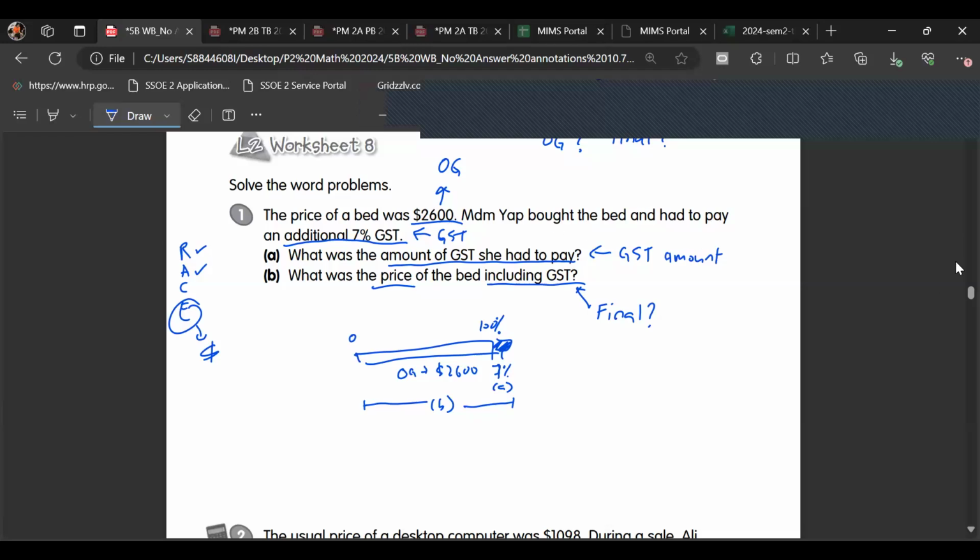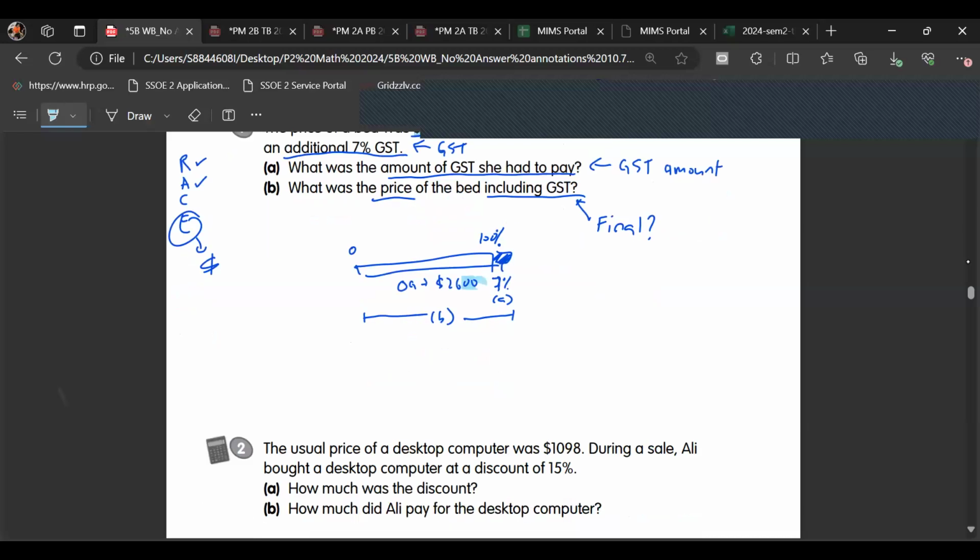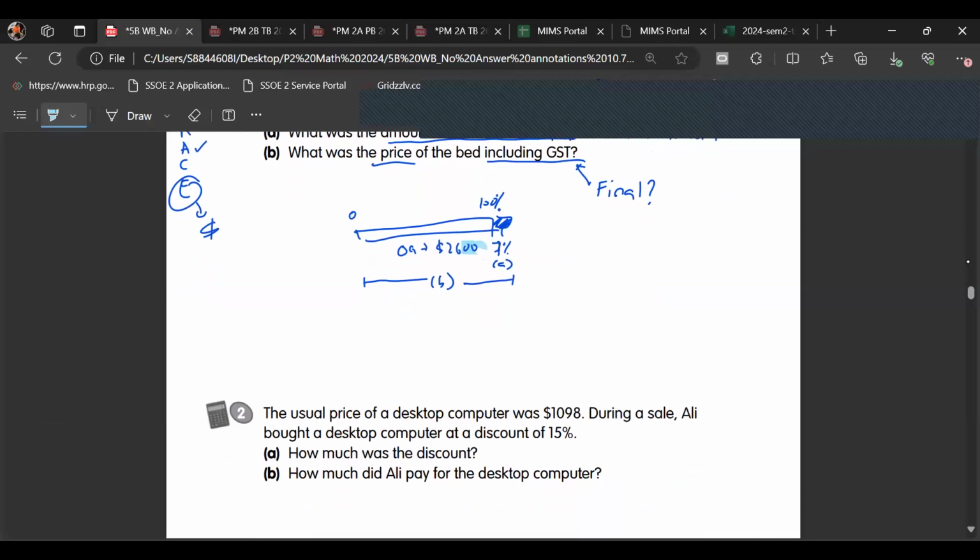If you look at the original price number, it is $2,600. A very good number because you've got two zeros in the back. For that, no matter A or B, you can do it. If it's a number like the second question, you see the second question, the original price?